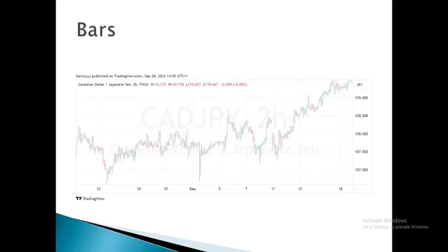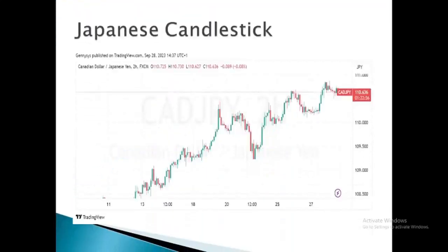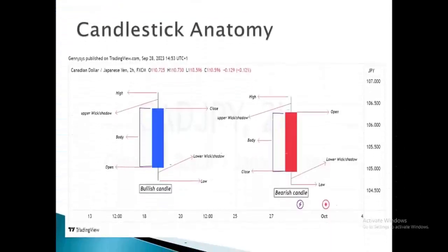There are several ways that information regarding price is represented on the charts. We have bars, we have line charts, we have Japanese candlesticks, and we'll be focusing on Japanese candlesticks because they give the most information about price movement.